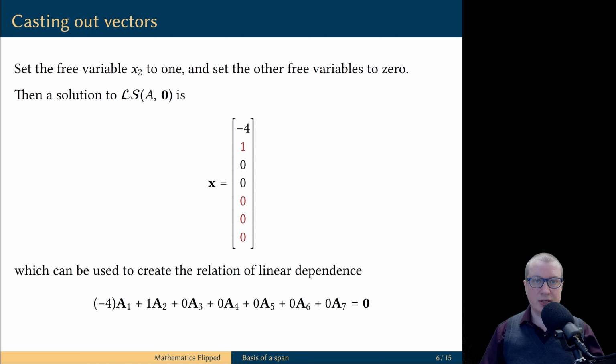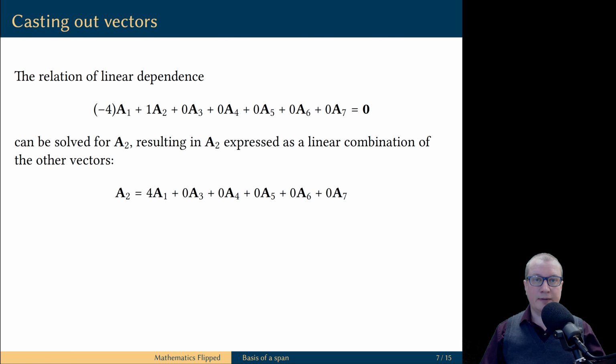We have a coefficient matrix A, vector of constants 0, and this means if we use components of this solution vector as scalars, then the linear combination with these scalars of the columns of the coefficient matrix A must be equal to the 0 vector. In turn, this gives us a non-trivial relation of linear dependence on the columns of the matrix A. Because we assigned a value of 1 to the free variable x2, it means that the second column vector appears in this linear combination with a non-zero scalar.